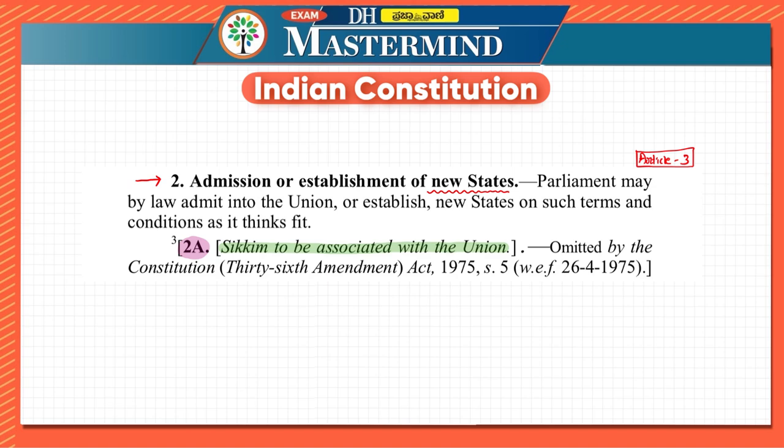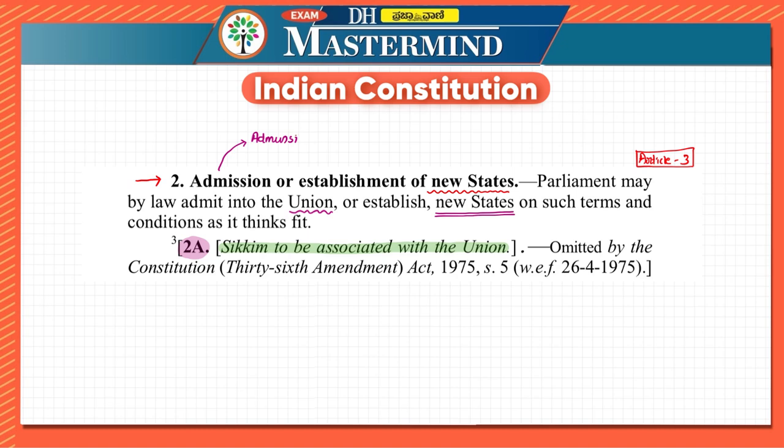Now what is that article telling? It is telling that Parliament may by law admit into the union or establish new states. Now what does this mean?